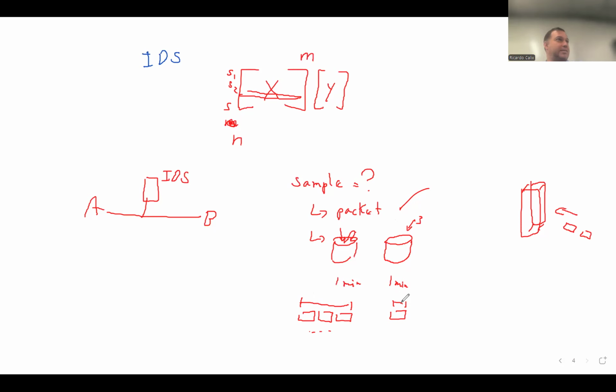It's not wrong, but what would you suggest? Because they need to be similar, right? The features here need to be the same for these and for these. We do a small picture.